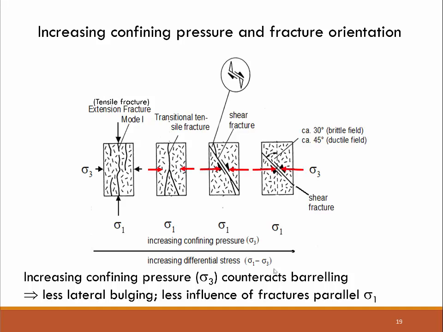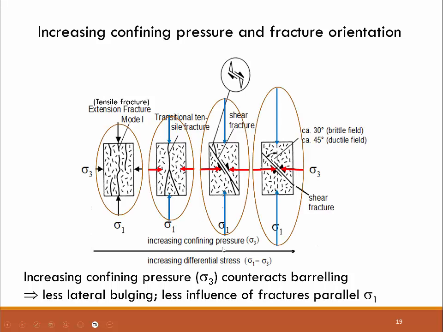That means not only do we increase the confining stress from left to right, very small sigma 3 here, fairly large sigma 3 here, we also require increasingly large sigma 1 in order to make the rock fail. That means increasing confining stress will increase the rock's shear strength, and we can symbolize that by a stress ellipse.